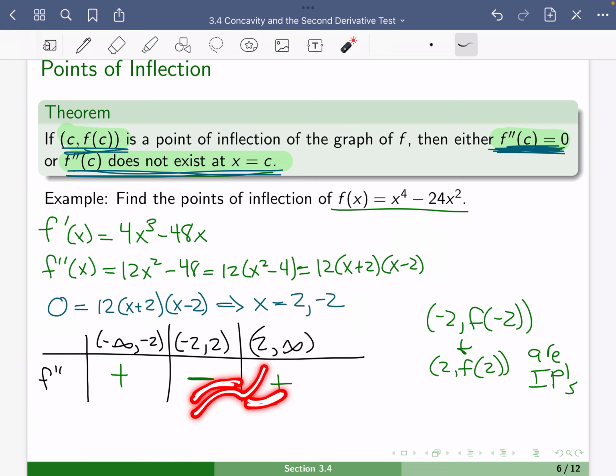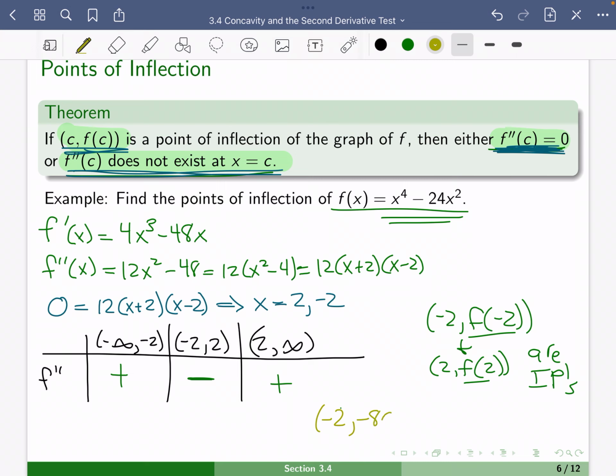And so at this point, it is gluing together this change in concavity. Let's find f of negative 2 and f of 2 by plugging those back into the original function. So negative 2 comma negative 80 and 2 comma negative 80 are both inflection points.